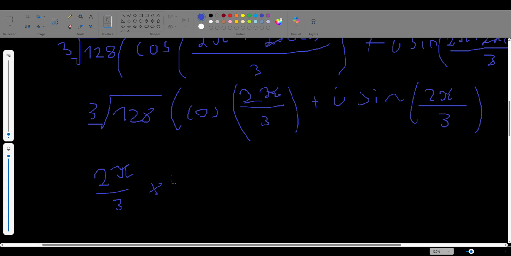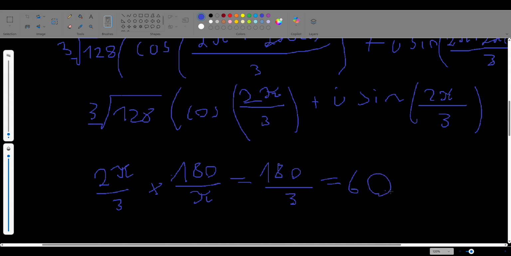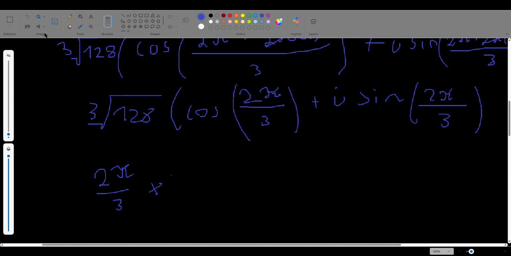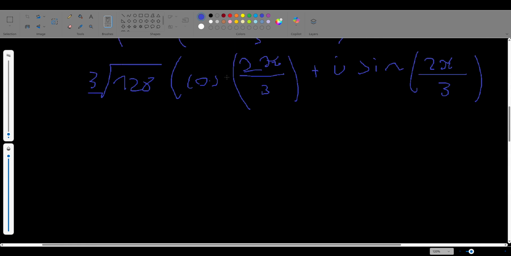We multiply this by 180 divided by pi, which simplifies to 180 divided by 3, which again simplifies to 60 degrees. So our theta is going to be 60 degrees. Make life a little easier.